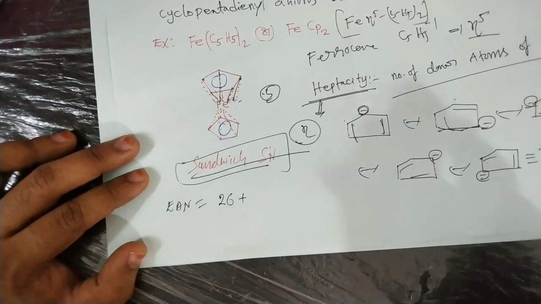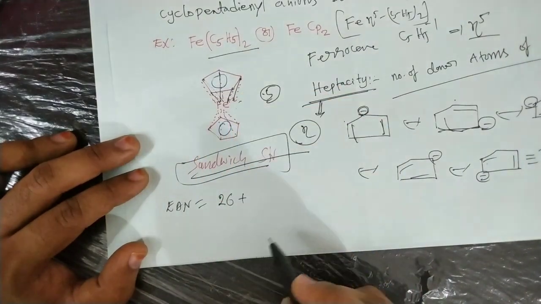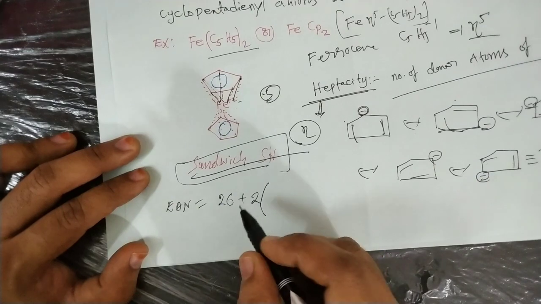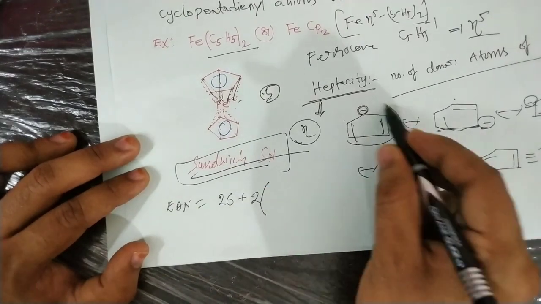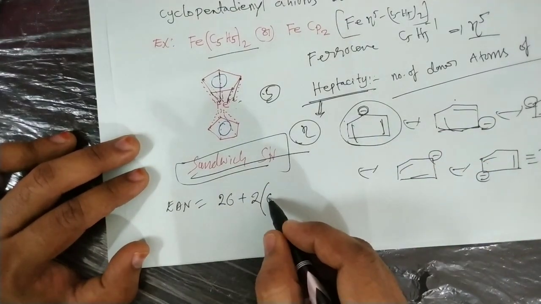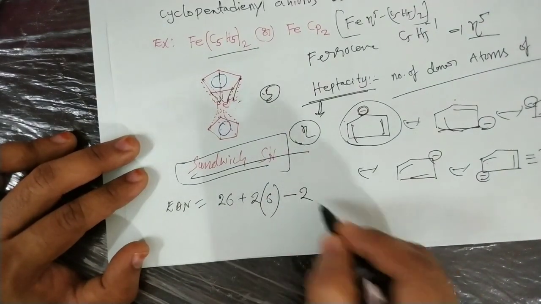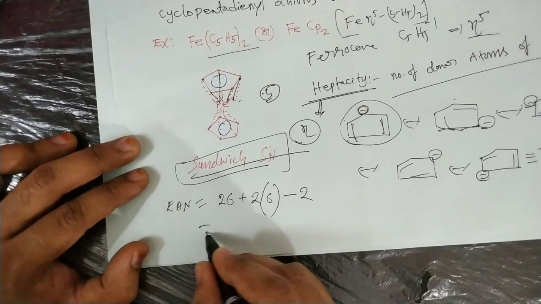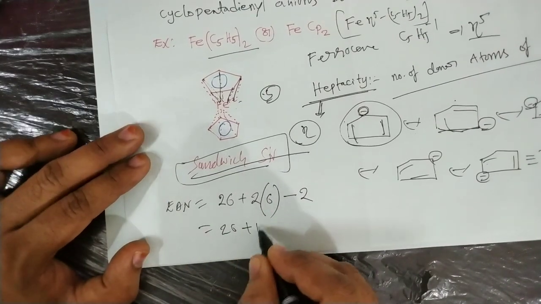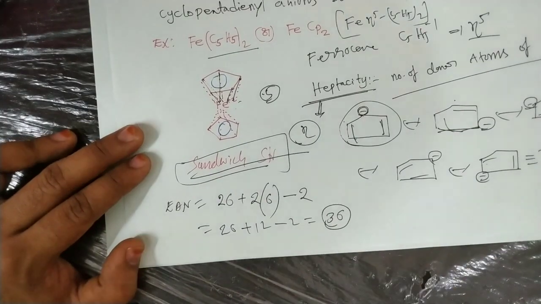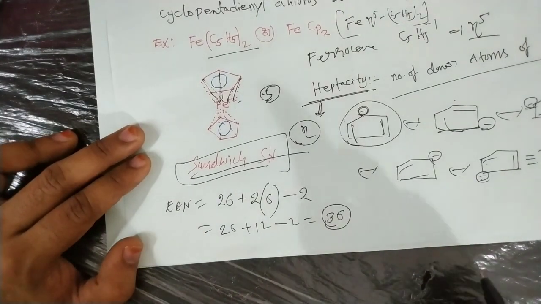Now how many ligands? 2 ligands. Each ligand, that means cyclopentadienyl anion, donates 6 electrons, so 2 into 6. And the oxidation number of iron is plus 2. That means 26 plus 12 minus 2 equals 36. Ferrocene effective atomic number is 36.